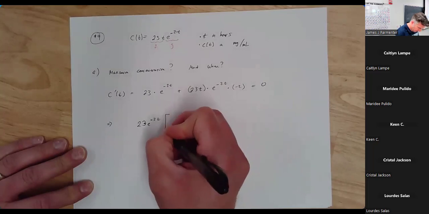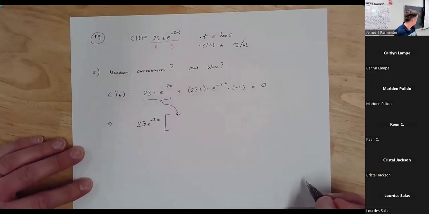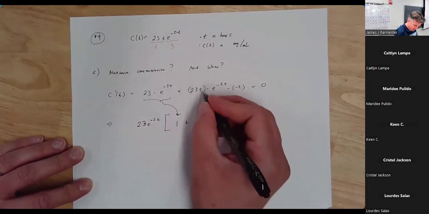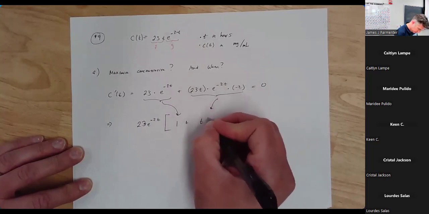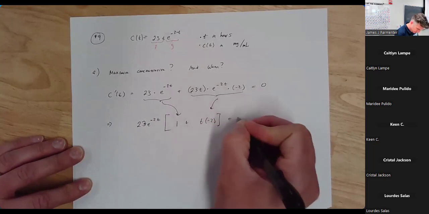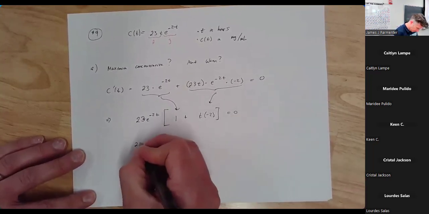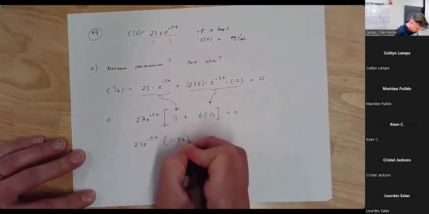And we're left with, from here, what are we left with? 1. And from here, we're left with a t and a negative 2. So we're going to get 23e to the negative 2t times 1 minus 2t.